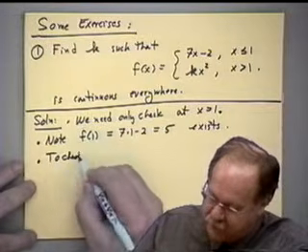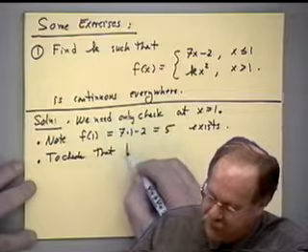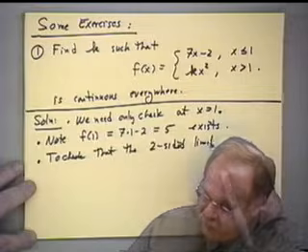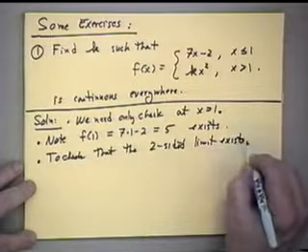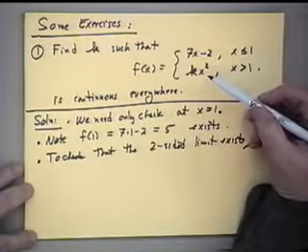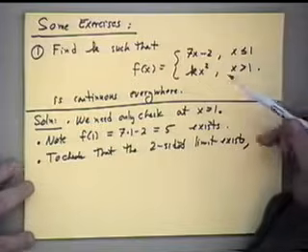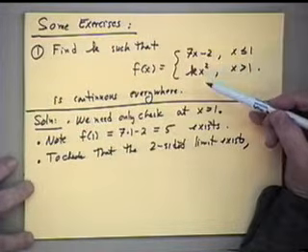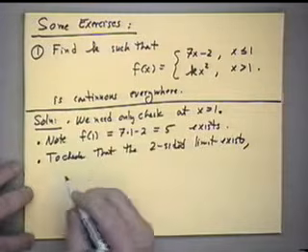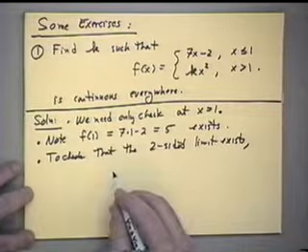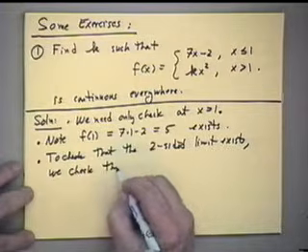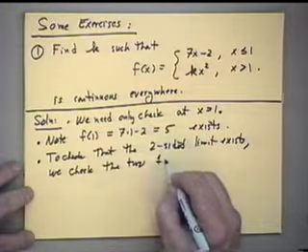So to check that the two-sided limit exists, because it's piecewise defined, in these cases you will almost always have to check the two one-sided limits and then see if they equal the same number. So to check that the two-sided limit exists, we check the two one-sided limits.